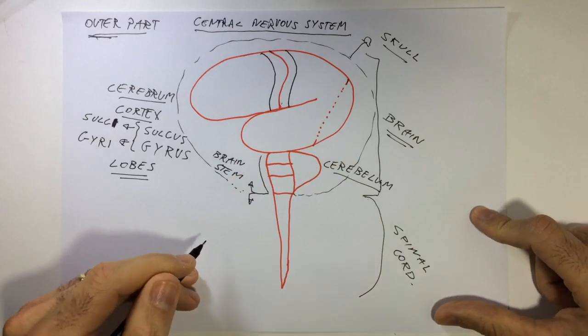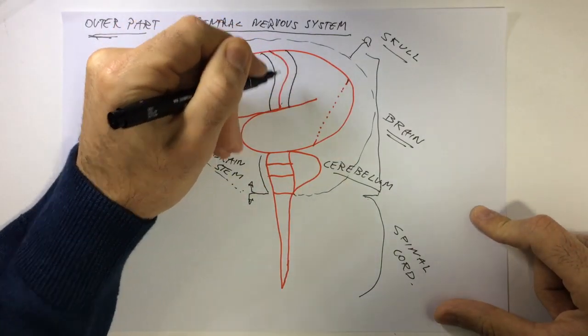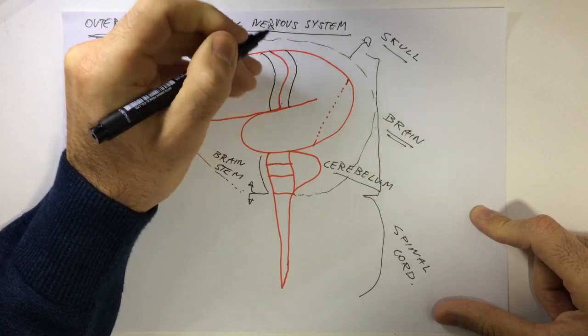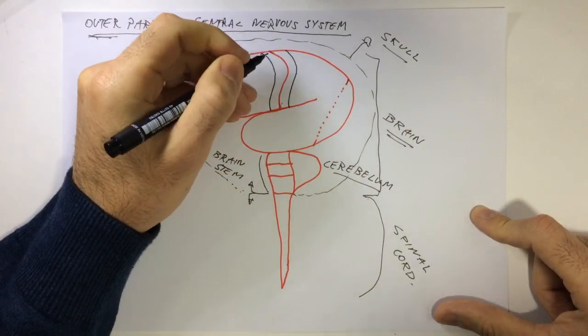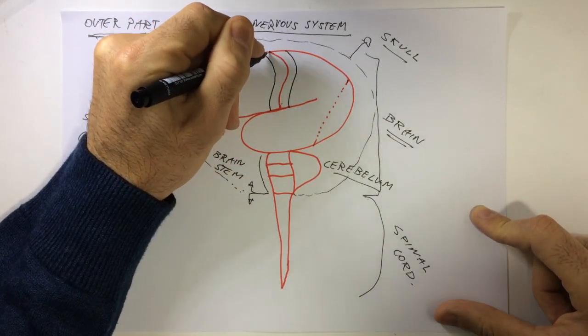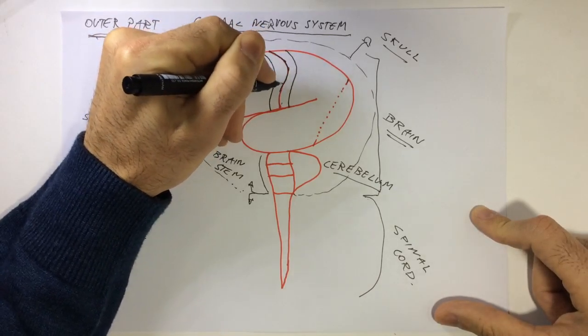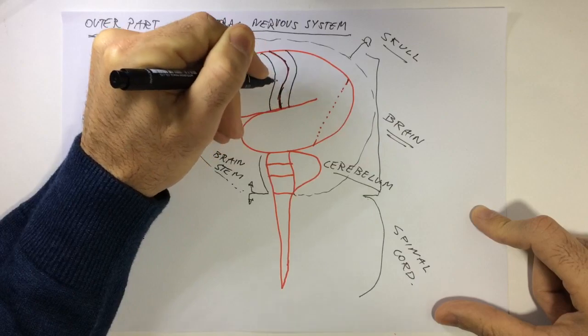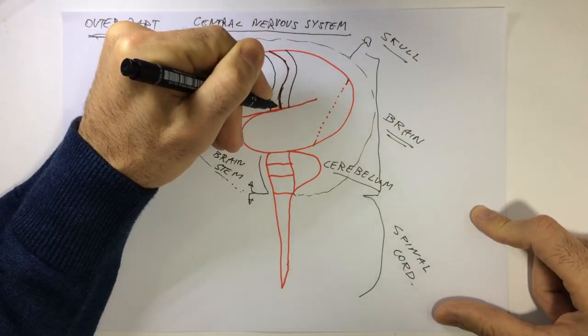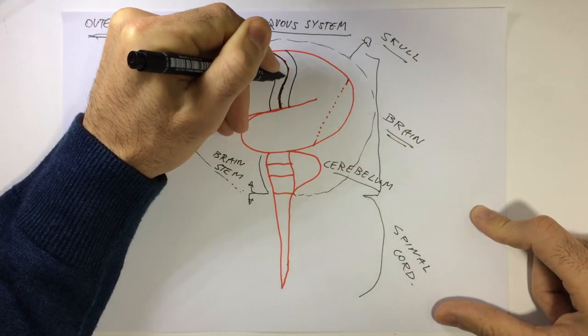So the main idea is that we can use all these sulci, these four sulci that I drew, to divide the lobes. That's why these sulci are very important, and we have names for them.